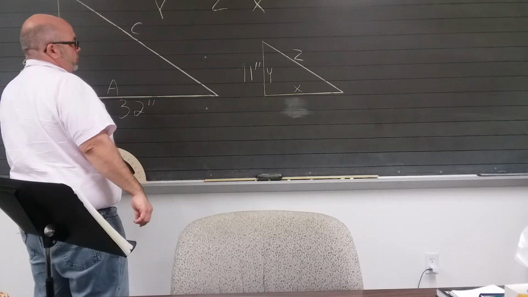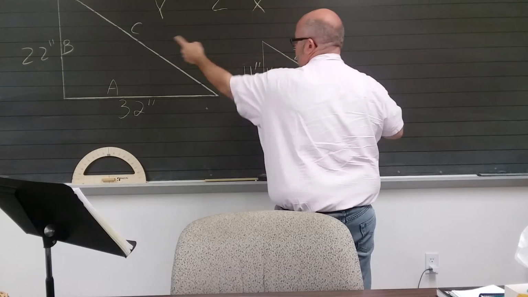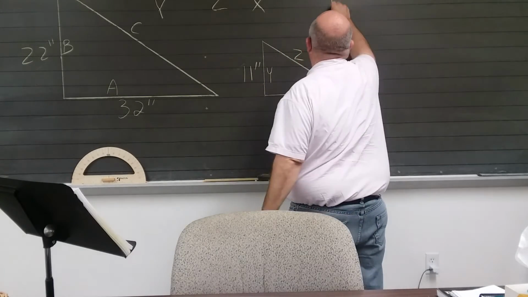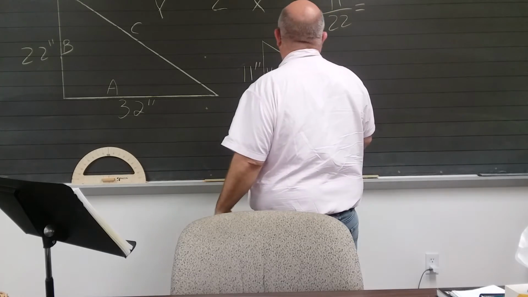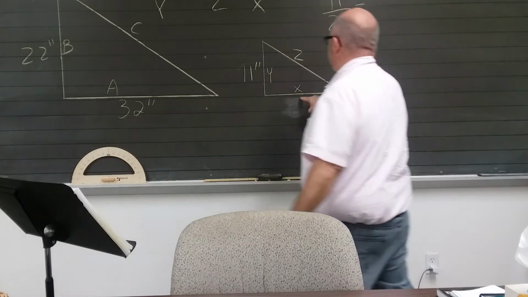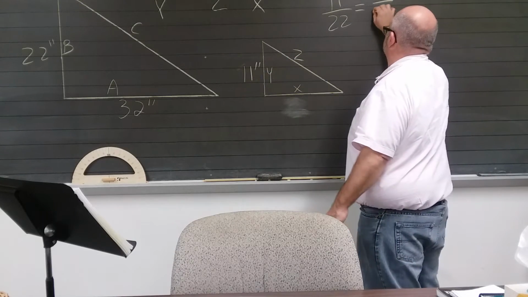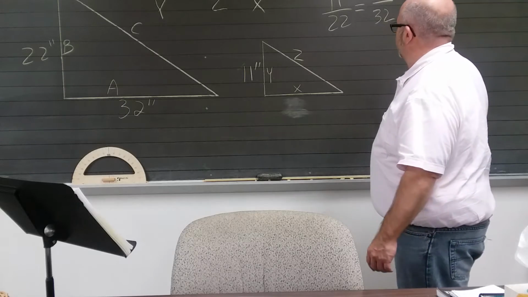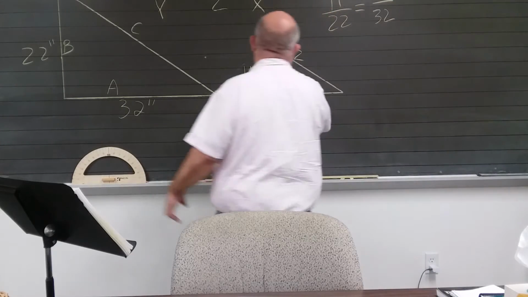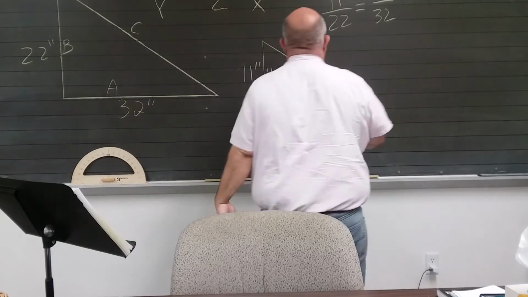So we have 11 over 22. Side over corresponding side, 11 over 22 equals X over 32. All right? 11 over 22 corresponding sides, and X over 32.